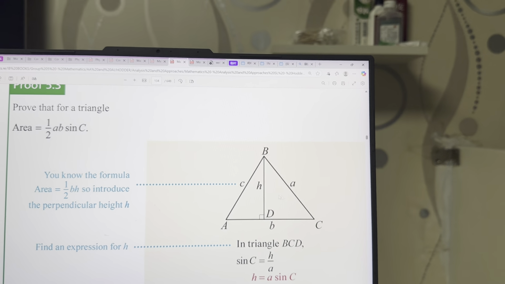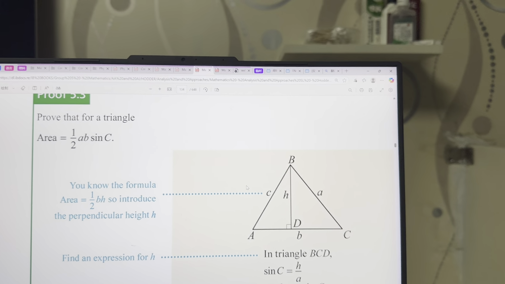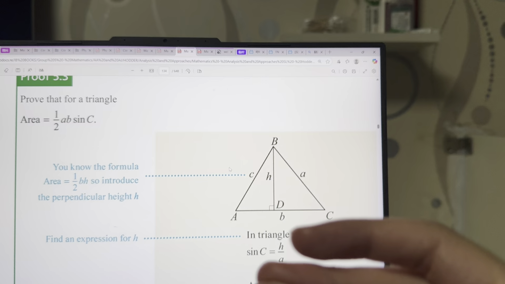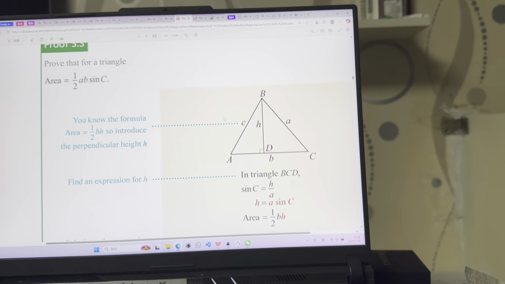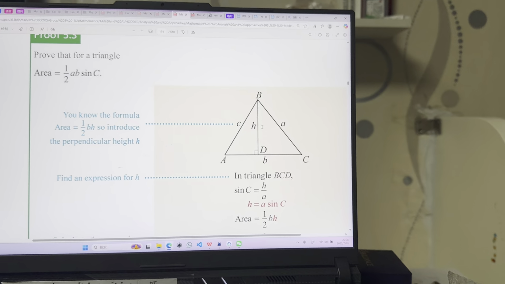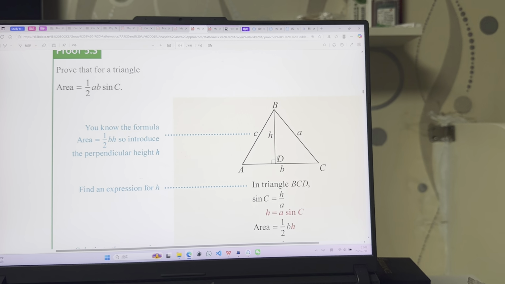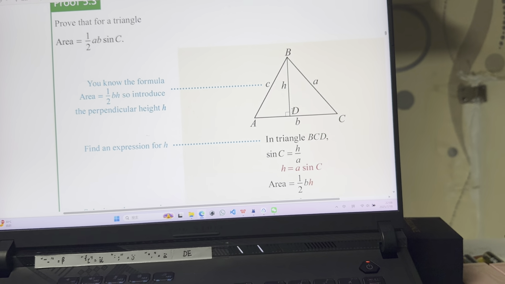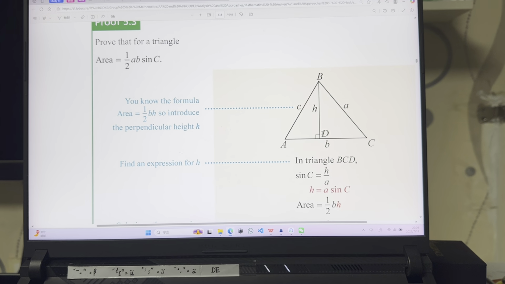So we know that the area of this triangle is BH divided by 2, right? And what is h? What can we replace h with? Remember that in the first formula we used this thing to replace h. h is equal to a times sine C, right?